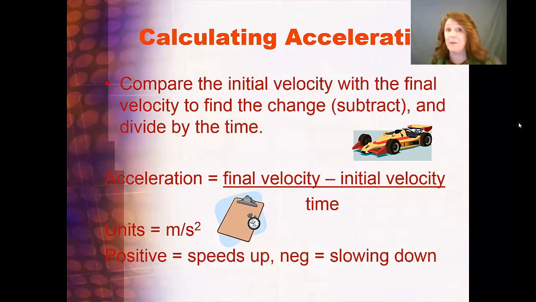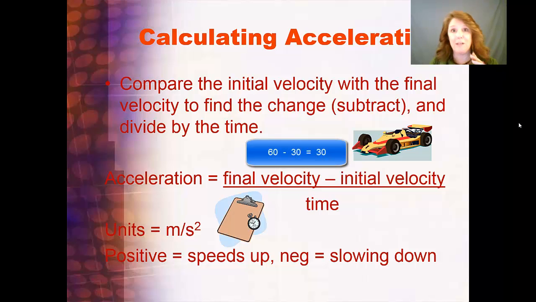Now, let's think about this a minute. If you're getting on the freeway, your initial velocity on the on-ramp is about 30 miles an hour, and your velocity on the freeway is about 60 miles an hour. So you take final velocity, 60, minus initial velocity, 30, and that gives you 30 divided by however much time it took.